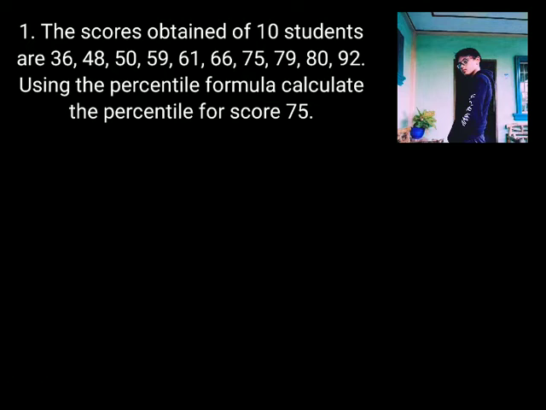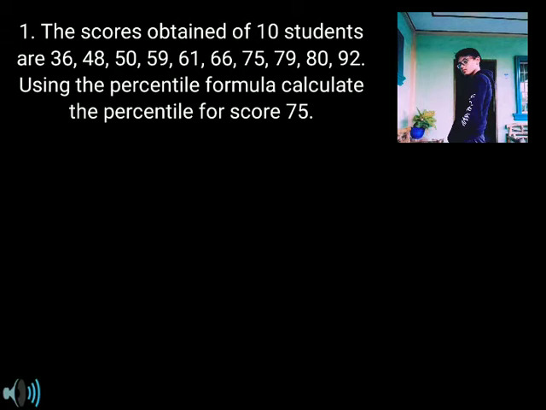Now, using the percentile formula, let's take a look at the following example. The scores obtained by 10 students are 36, 48, 50, 59, 61, 66, 75, 79, 80, and 92.